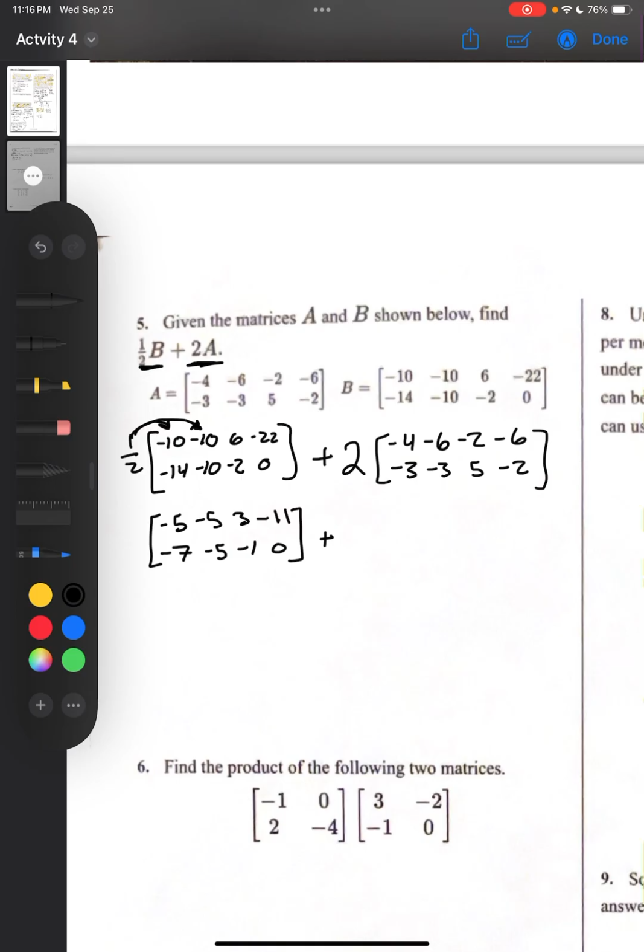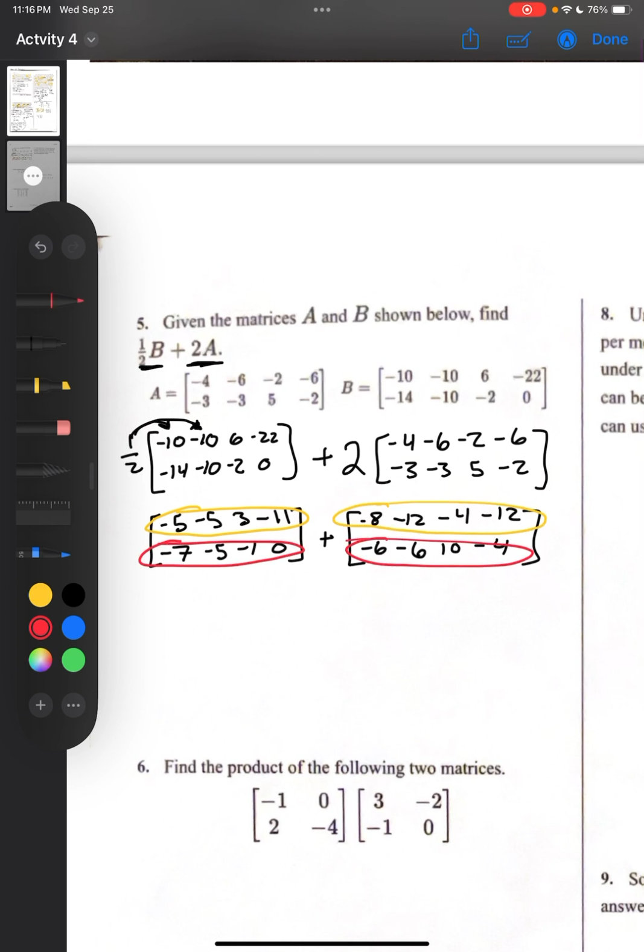And we're adding that to here, which I'm hoping you are seeing that we are just multiplying each number by that 2. And again, when we add, we are adding this row to this row, and this row to here. So you should be ending still with a 2 by 4 matrix.